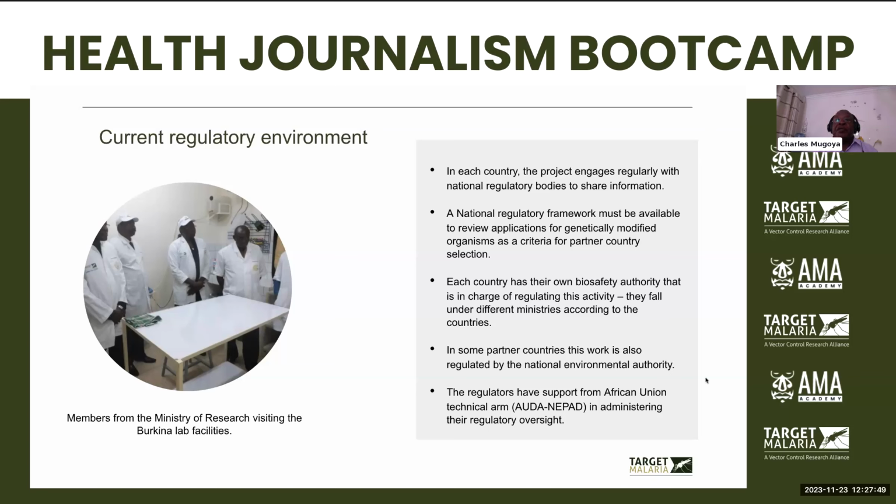I need to mention here that the African Union has been at the forefront in identifying technologies that will reduce the burden of malaria in Africa. The African Union Commission, the Secretariat of the African Union, has published a Gene Drive document to support the understanding of how this technology can be useful in reducing malaria in African countries. Next slide.